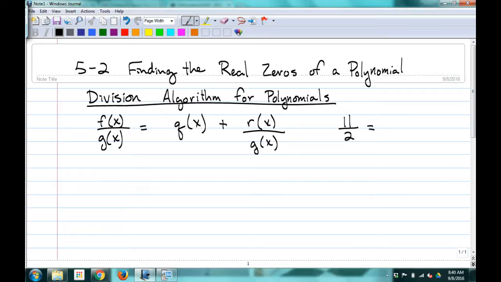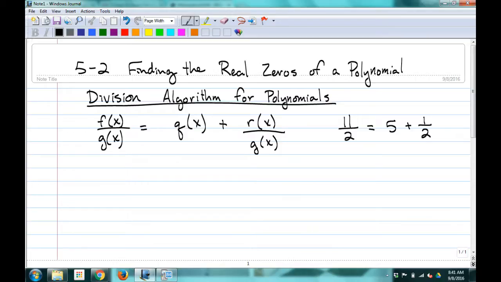When you did that division, 2 goes into 11 how many times? 5 times. And then you had how much left over? A half. Really, 5 and 1/2 is 5 plus 1/2. That's what that is.